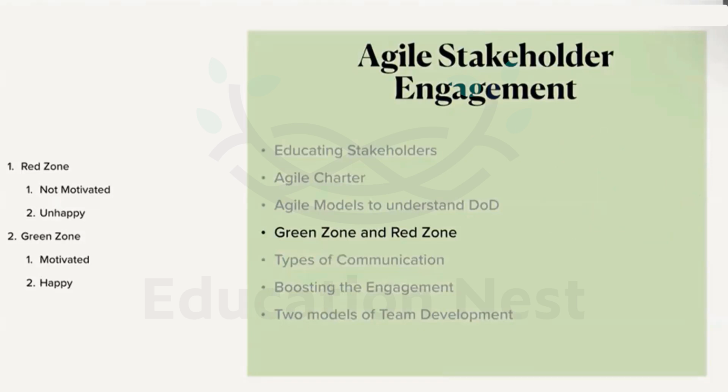If we focus more on the agile way of working, how red zone is actually defined: of course, I mentioned here that they are not motivated and unhappy, but these are not the only two attributes that red zone people have. If we read it out from the textbook, red zone people blame others for everything.